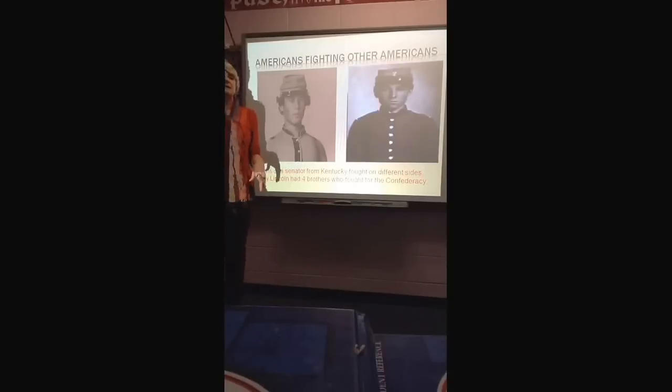There were such strong feelings about staying in the Union, about states' rights, the individual rights given to them to have slaves. Many times there was fighting amongst families, where one brother would fight for the South and one brother would fight for the North. This is an example: these are sons of a senator in Kentucky, and both his sons fought on different sides, Union and Confederate.